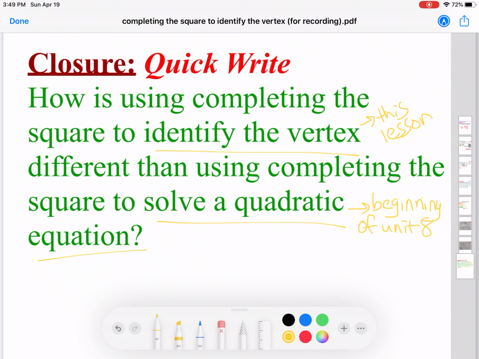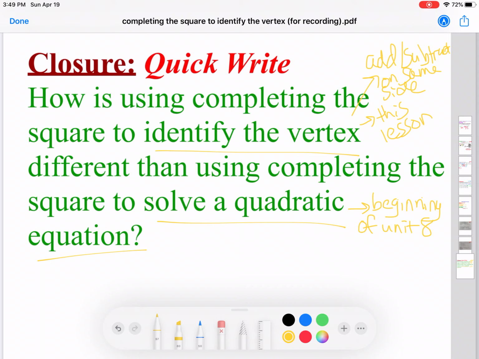So a big difference that jumps out to me, I still want to use that half square share, but when I'm using it to identify the vertex, that is when I add and subtract the number on the same side of the equation. Because if you remember in this lesson, we were always just working on one side of the equation.